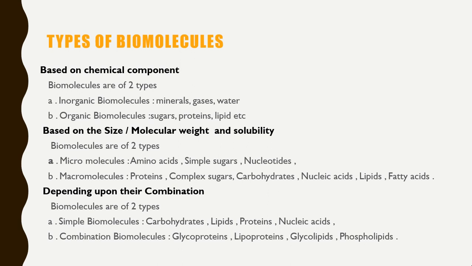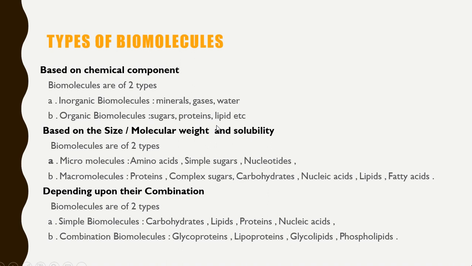Biomolecules are classified into two types, inorganic and organic biomolecules. The inorganic biomolecules contain minerals, gases and water, whereas the organic biomolecules have amino acids, sugars, proteins, lipids, nucleotides, etc.